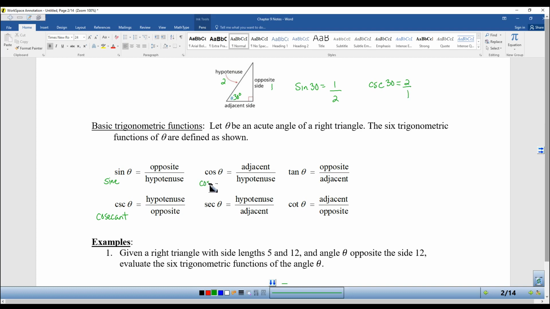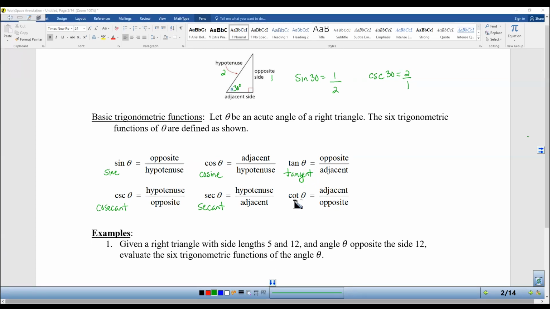This one is pronounced cosine, and it's adjacent over hypotenuse. This one is pronounced secant, and it's hypotenuse over adjacent. This one is pronounced tangent, and we'll never really write the word out again. You're always going to write tan, but you're going to pronounce it tangent of theta. And this last one is cotangent. We don't say cot theta.